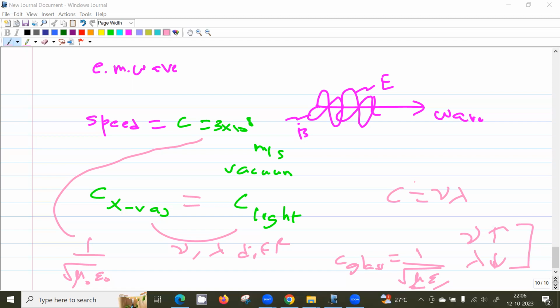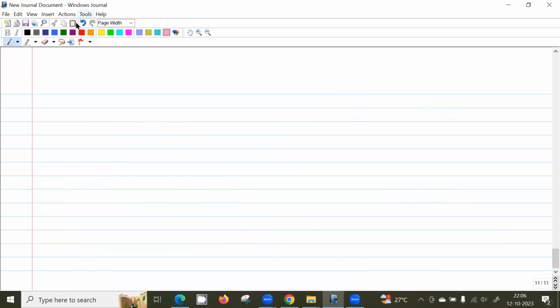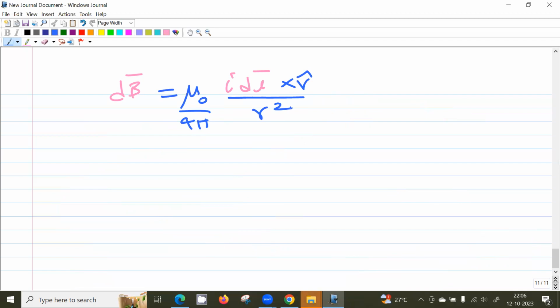So the Biot-Savart law gives the magnetic field due to a current element, because the simplest source of a magnetic field is a current element. The law gives the magnetic field dB due to the current element Idl as: the proportionality constant mu naught by 4 pi, Idl cross r cap by r square.